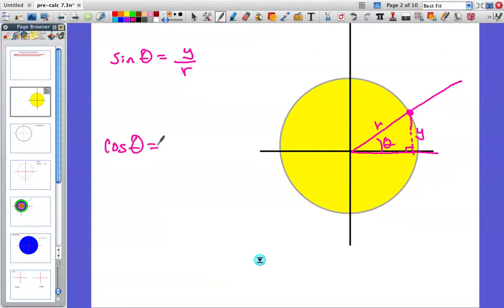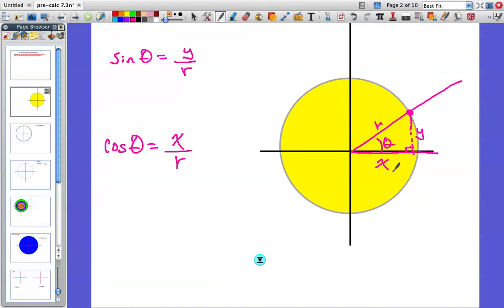And the cosine of an angle will be defined as x over r. You learned it as adjacent over hypotenuse in triangle trigonometry, where this is the x value over r. No matter what angle we have, you're always going to have this concept. It's just a ratio: y over r and x over r, by definition.